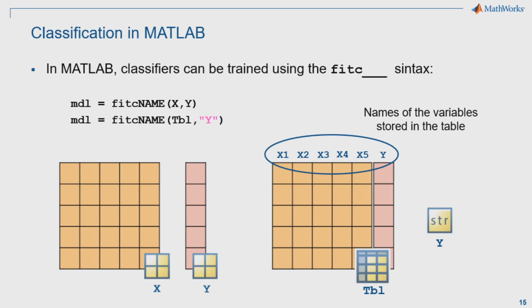Another possibility is to use tables, the data structure offered by MATLAB, in which you can collect any kind of data type and organize them as if it were just a big cell array, but with some other useful properties. With tables you can also merge tables. You can also split them.